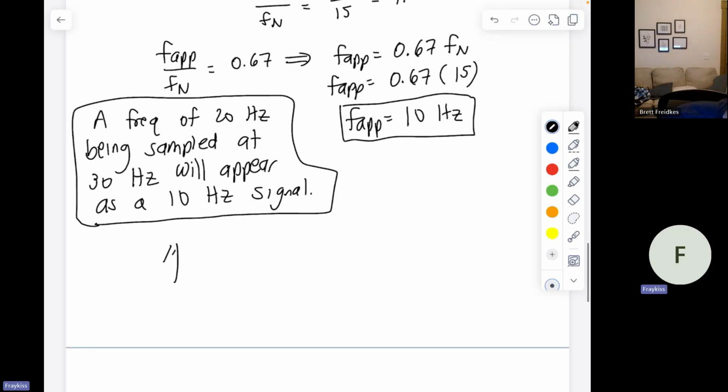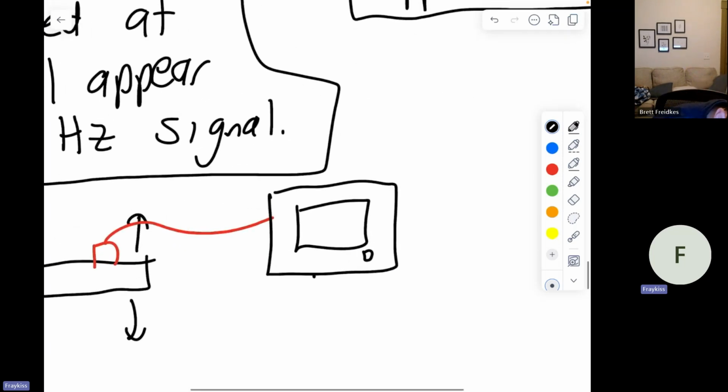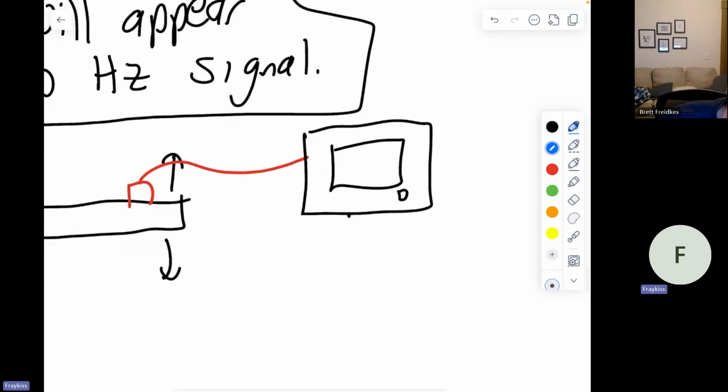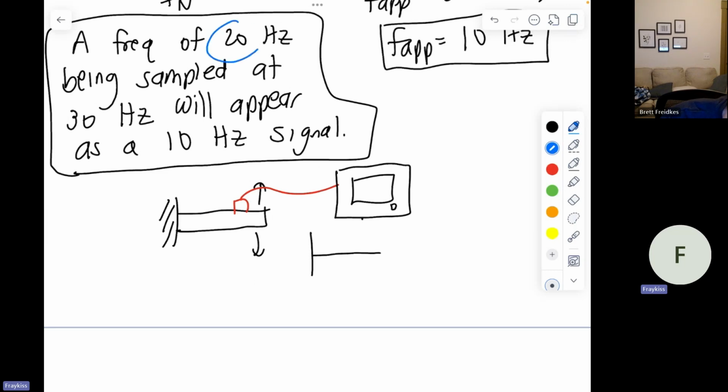If you're doing your experiment, you have something maybe that's vibrating. You have this beam that's vibrating up and down. You have a little sensor on it that's going to the computer. And instead of seeing the real vibration of this, maybe the real vibration is at 20 hertz.